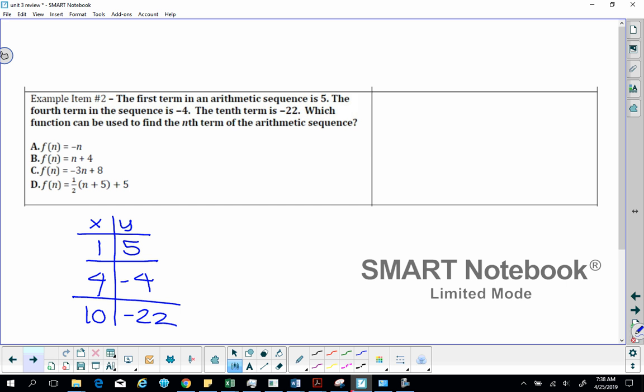Now, there's a lot of different things I could do. I could use my answer choices and put them into the table in your calculator and figure out which one gives you a table that looks like those numbers. You also learned how to do line of best fit on your calculator, where you type your x's into L1 and your y's into L2. Remember that, the lowercase a and b?